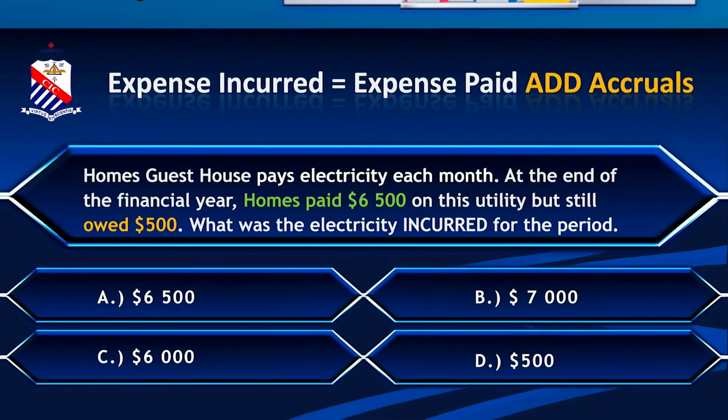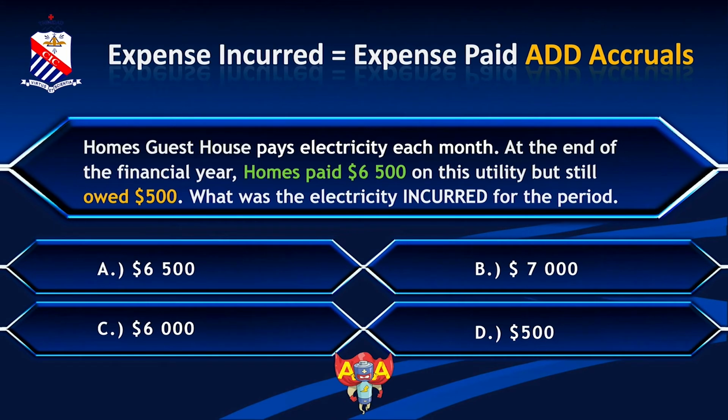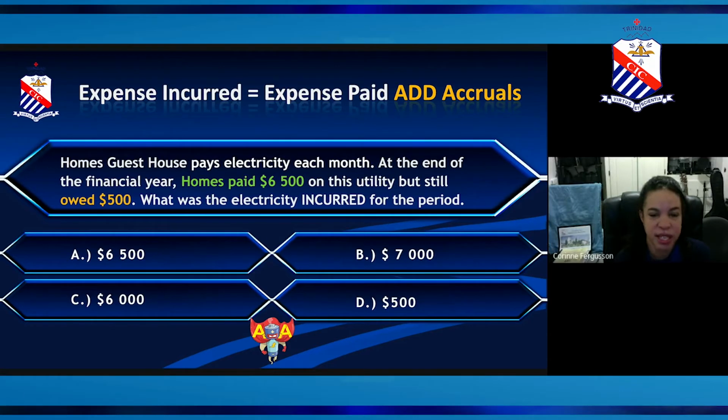We're going to see if you understand that. Home's guest house pays electricity each month. At the end of the financial year, Homes paid $6,500 on the utility but still owed $500. What was the electricity incurred for the period?